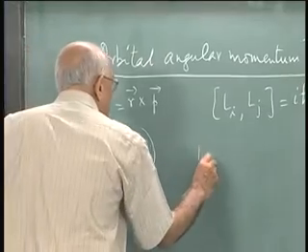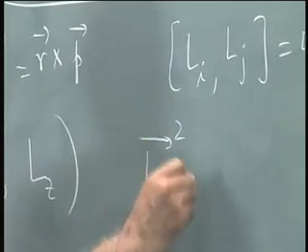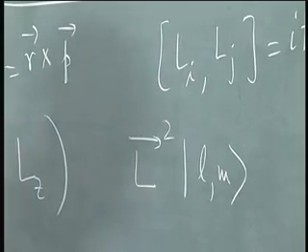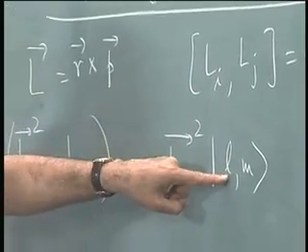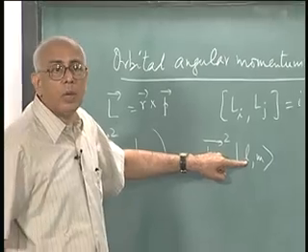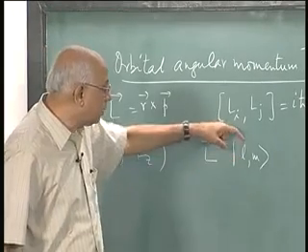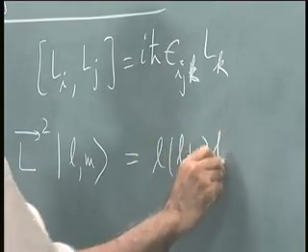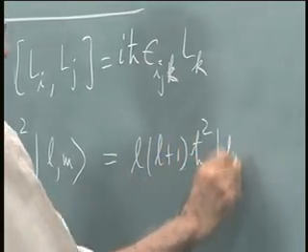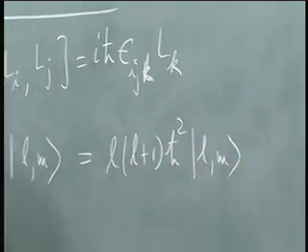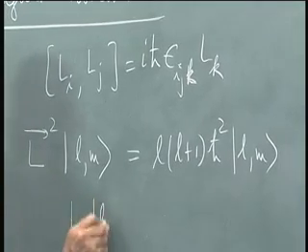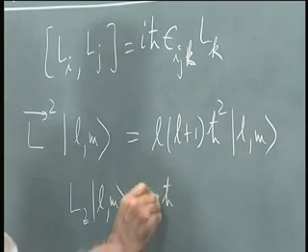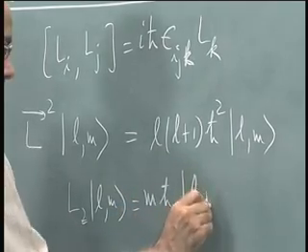So we have L squared acting on these eigenstates which are labeled by two quantum numbers l and m. I will use this notation instead of little j because I am now talking about orbital angular momentum, and this is the standard notation. This is l times (l plus 1) h cross squared on |l m>, and Lz on |l m> is m h cross |l m>.